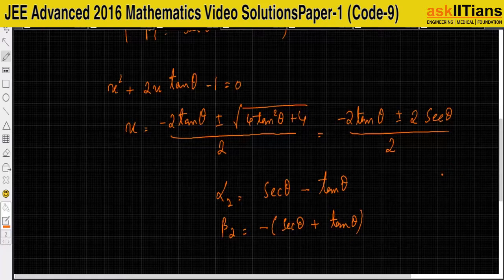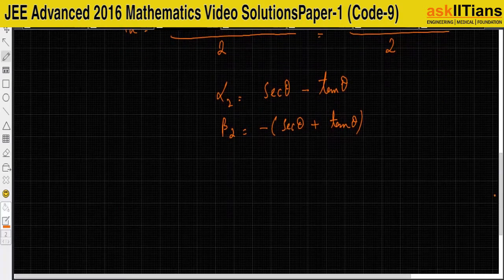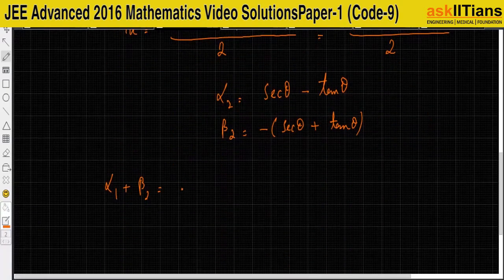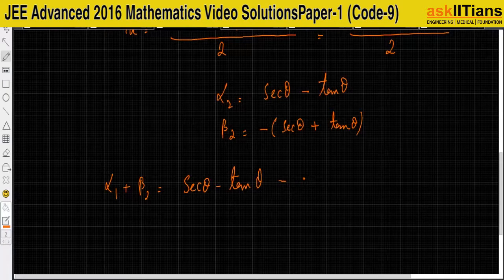Now they have asked the value of alpha 1 plus beta 2. Alpha 1 from here is sec theta minus tan theta, and beta 2 is minus sec theta minus tan theta.